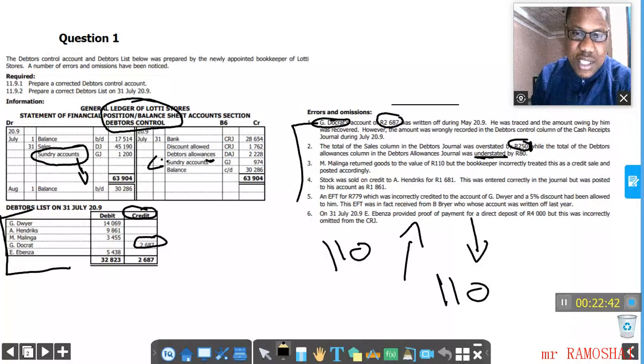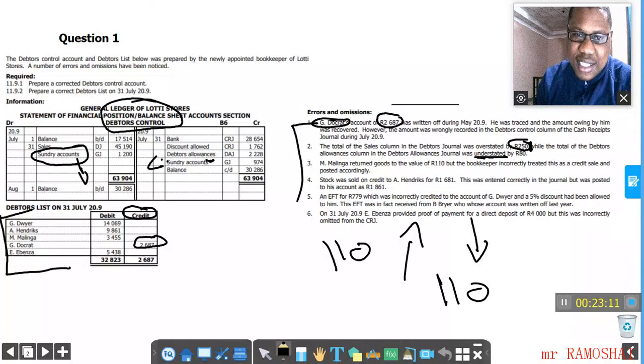So this one, if you check who made the mistake, the amount was supposed to be 1,681, but this was entered correctly in the journal but posted to his account as 1,861. That means his account was overcasted. Are we clear? So we have to undercast it now.